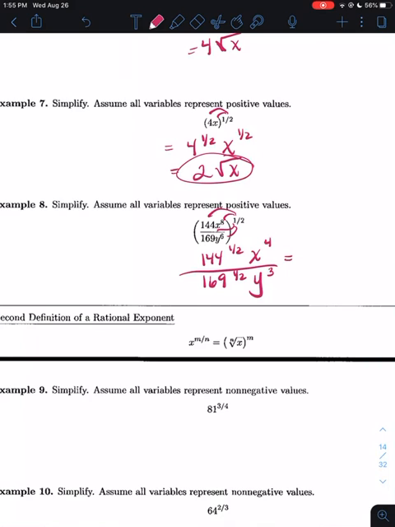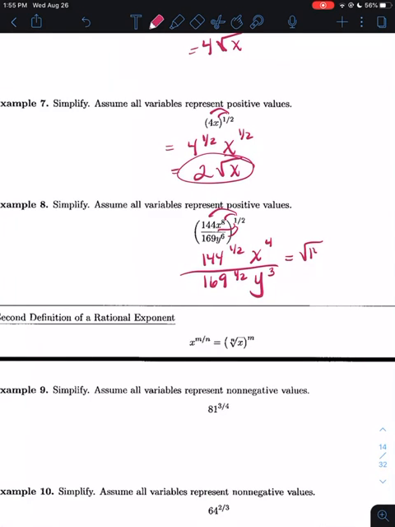Then you simplify everything. 144 to the 1/2 is the square root of 144, and 169 to the 1/2 is the square root of 169. So when I simplify this, I get 12x to the 4th over 13y to the 3rd.